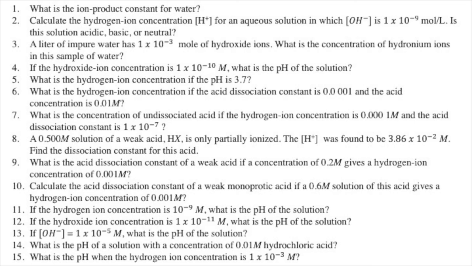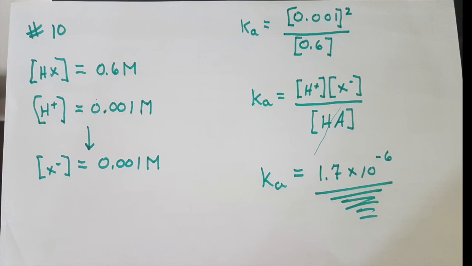Okay, number 10. Calculate the acid dissociation constant of a weak monoprotic acid if a 0.6 molar solution of this acid gives a hydrogen ion concentration of 0.001 molar. Okay, very simple. Again, we're not going to subtract it off this time.